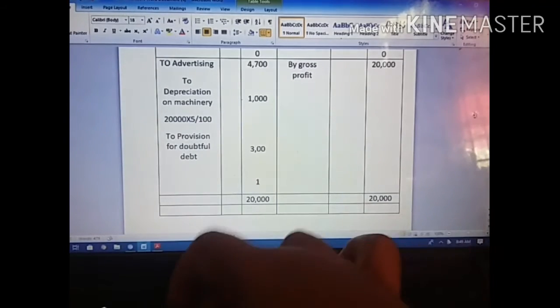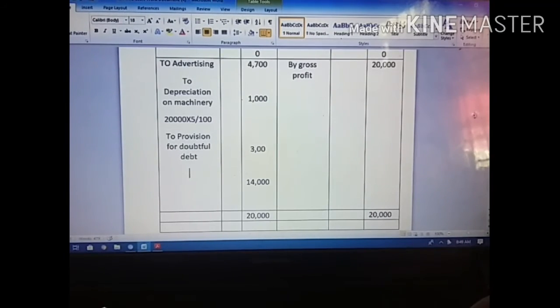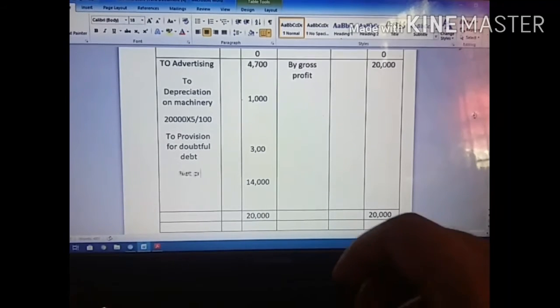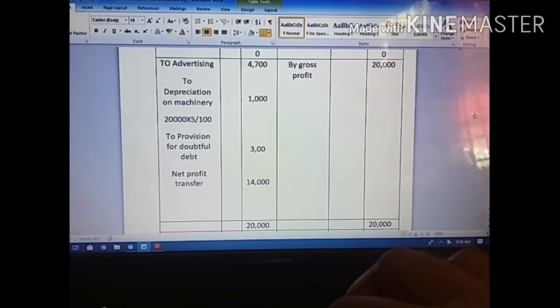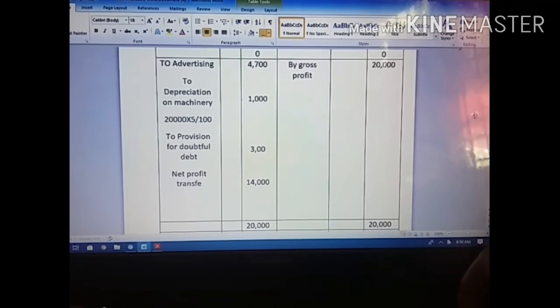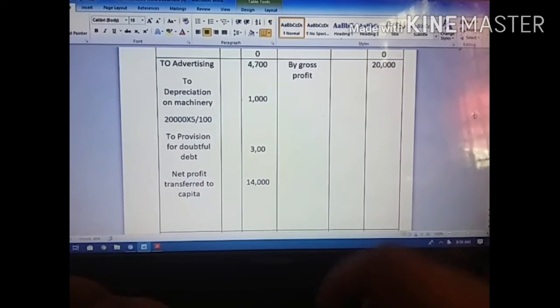So this 14,000 is the net profit. So the net profit is transferred to capital, 14,000.